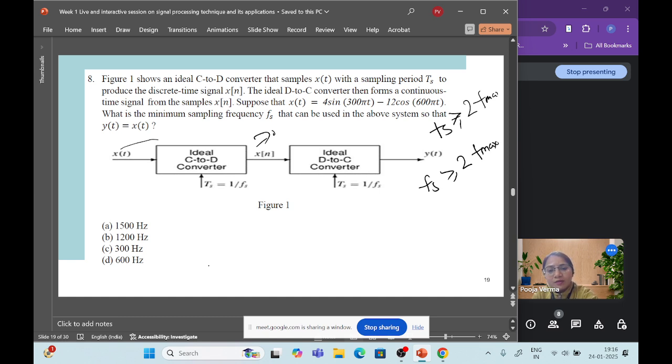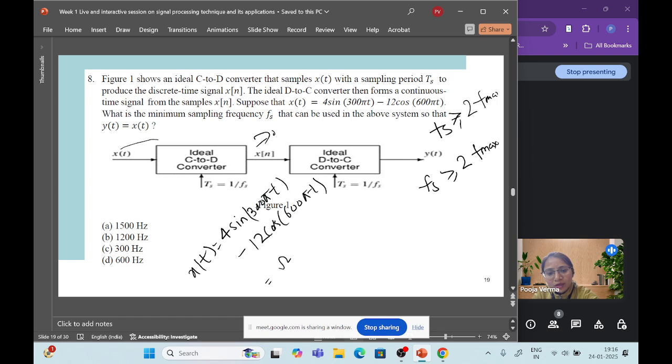From here, x(t) is given as 4 sine 300 pi t minus 12 cos 600 pi t.